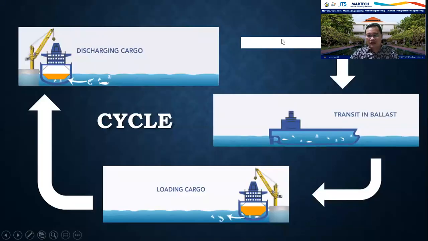So if you see this figure, this is the cycle. When a ship is in the port and loading a cargo, then ballast water is discharged. Then later on, it moves to another port.